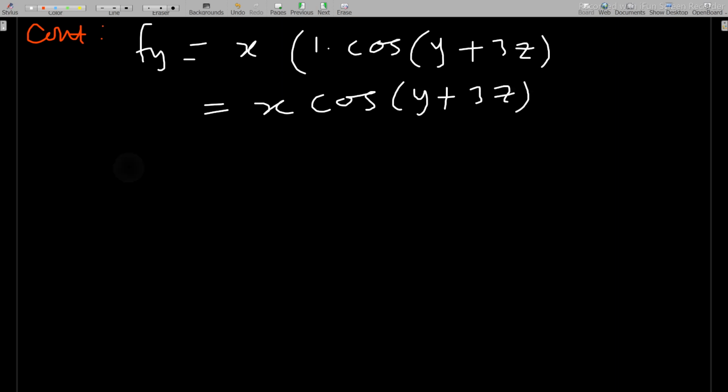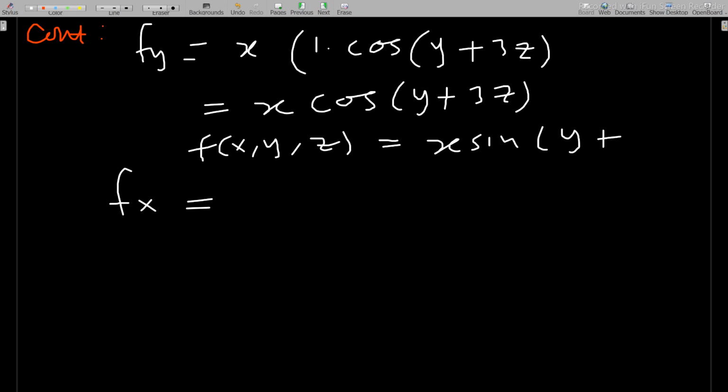And then with fx, that's the simplest one, that is why we did it last. You see that f of xyz is just x sine of something, and apart from the x, there's no x again. So f of xyz is given as x sine of y plus 3z.